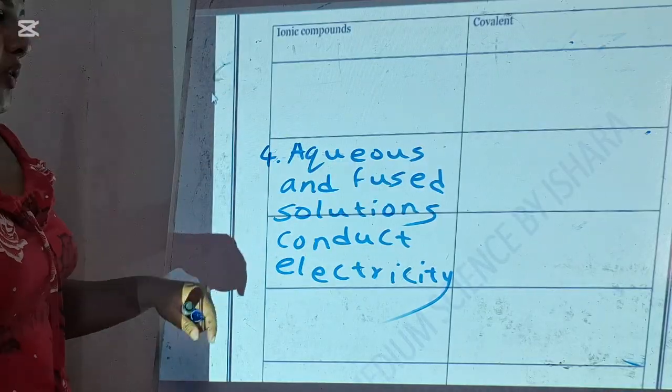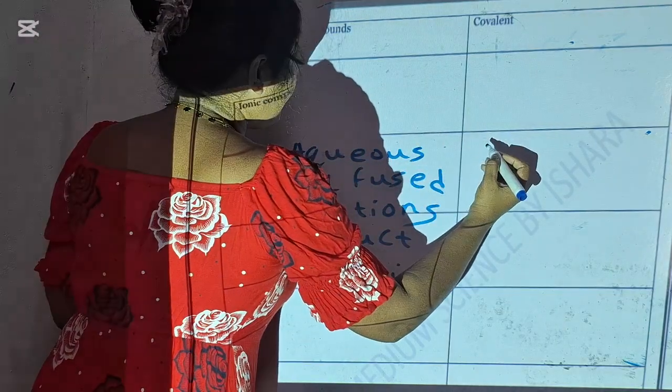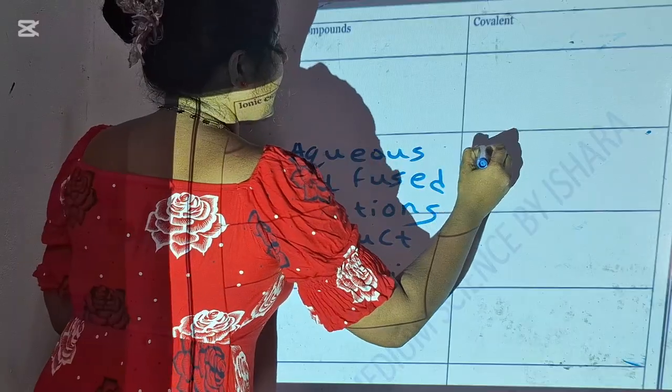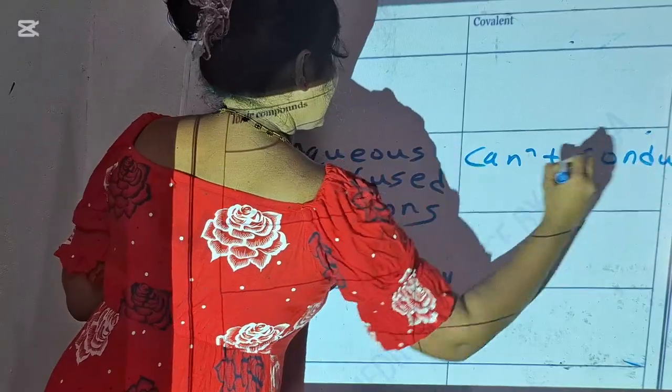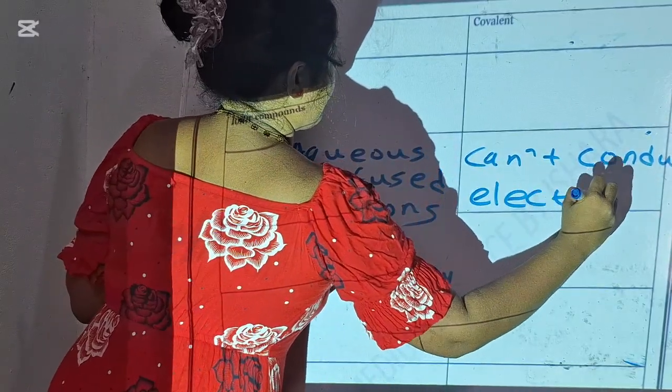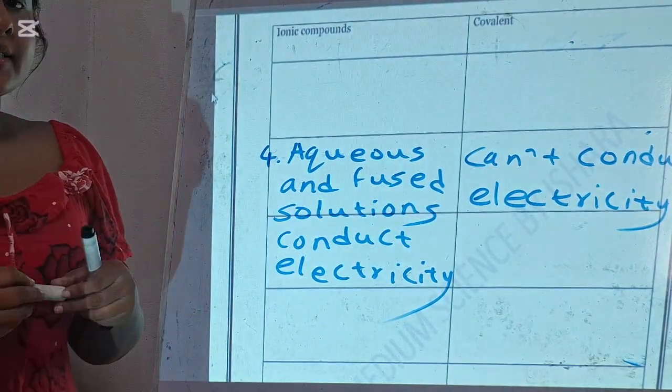That kind of solutions conduct electricity in ionic compounds, but covalent compounds can't conduct electricity.